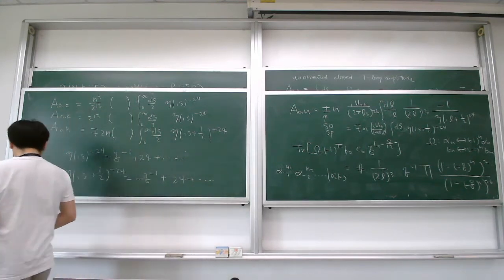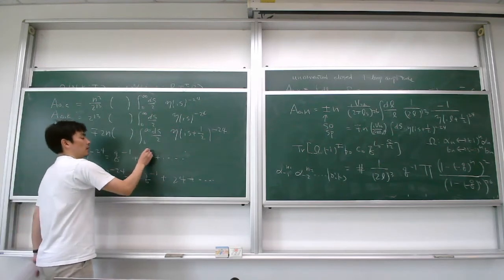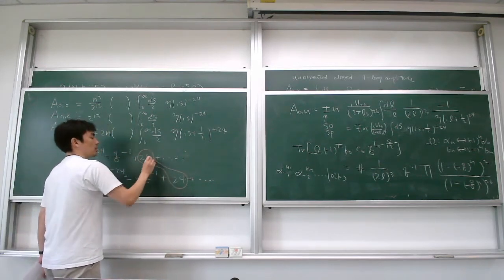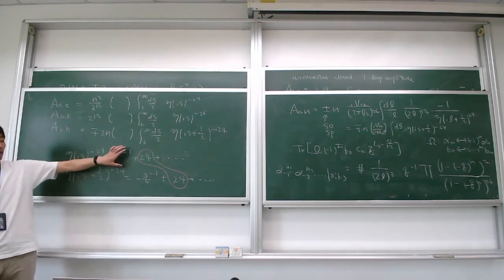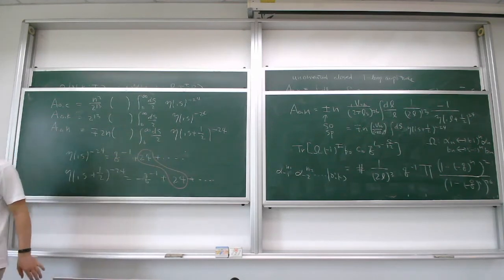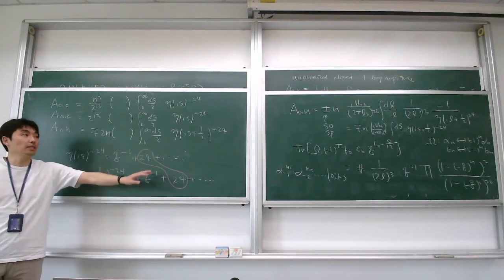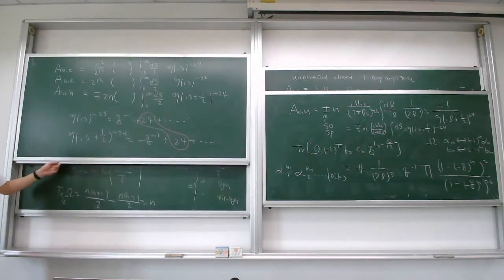And what we are interested in is not the tachyon but the massless states, 24 states. So even the superstring tachyon is projected out. We only have massless states.